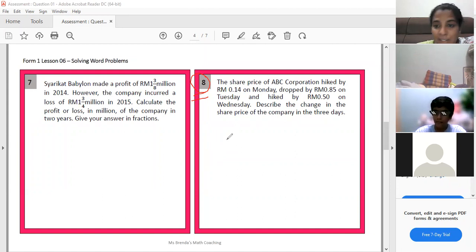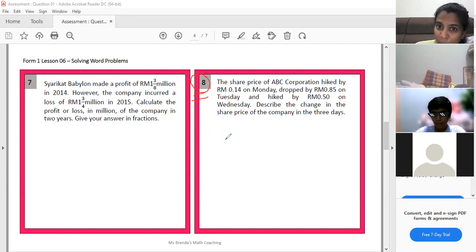Shares is like value, or I would say ownership of that company. Now, let's say you want to go and buy shares of Maybank. In other words, if you go and buy shares of Maybank, you are indirectly the owner of Maybank.